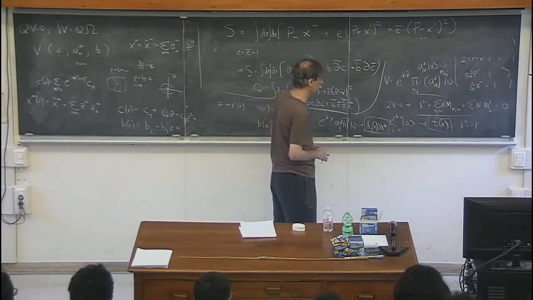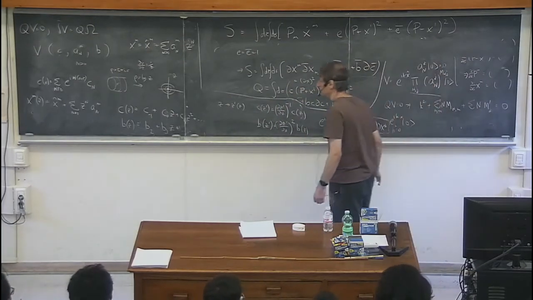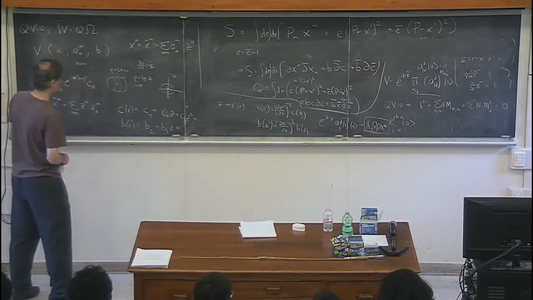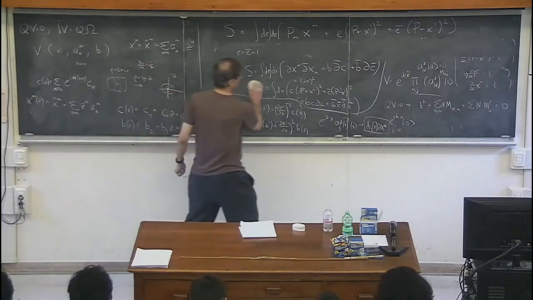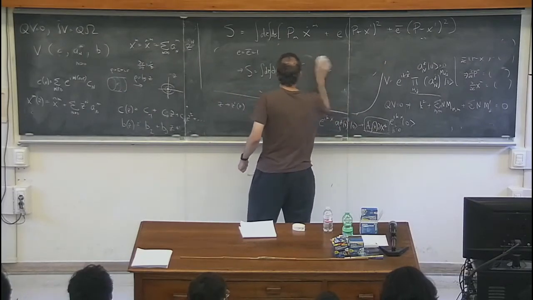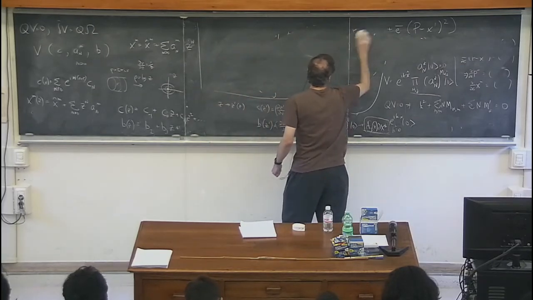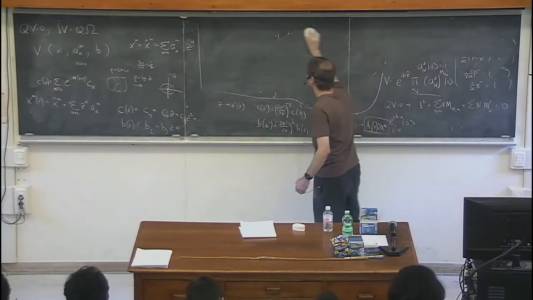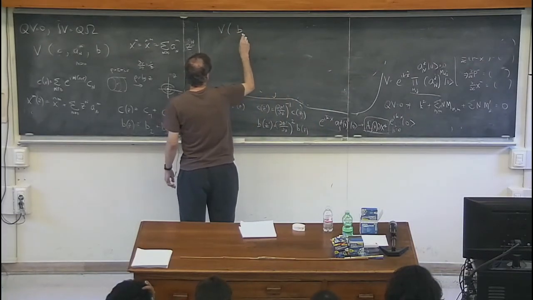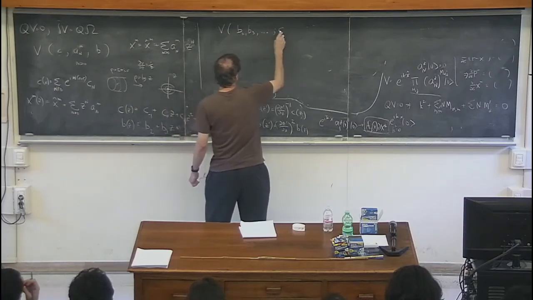Okay, so let's see how it works. We have these B's and C's, we have these A's. Now the covariant vertex operator is going to depend on all of them. So it depends on B2, B3, it depends on C minus 1, C0.